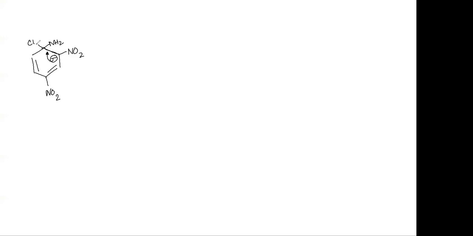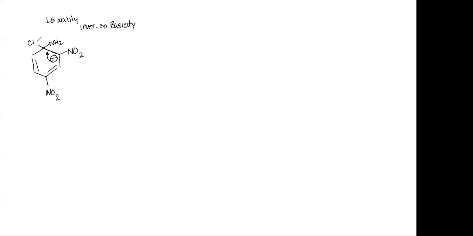But if I do that, something's got to go, either the chloride or the NH2. So my question is, which one's going to go? And my choice is, which is a better leaving group, the Cl or the NH2? And remember that leaving group ability is based inversely on basicity.